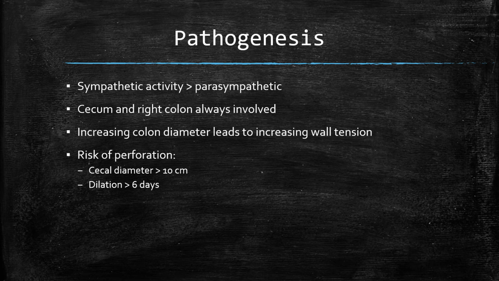Why this may occur in many patients is clearly not worked out. The cecum and right colon are always involved in this disease, although often it is pancolonic as well. The real fundamental problem here is that as the colon gets ever more large, the wall tension increases, and ultimately this leads to a risk of perforation.